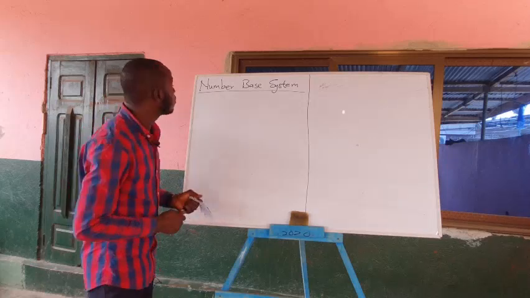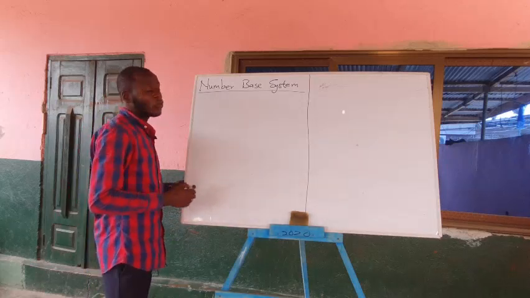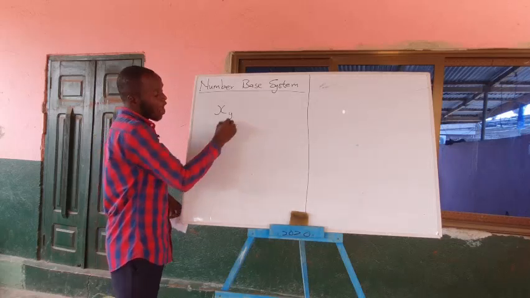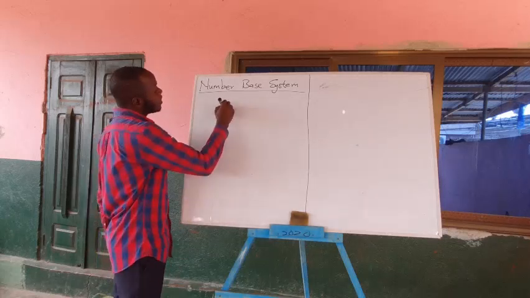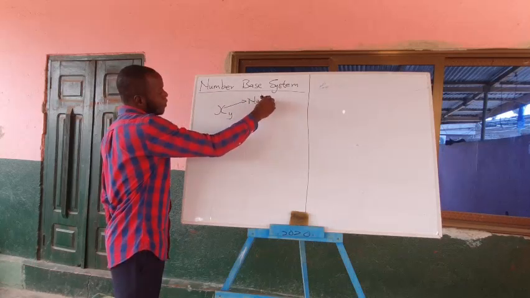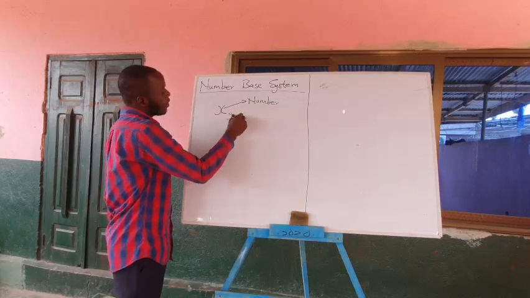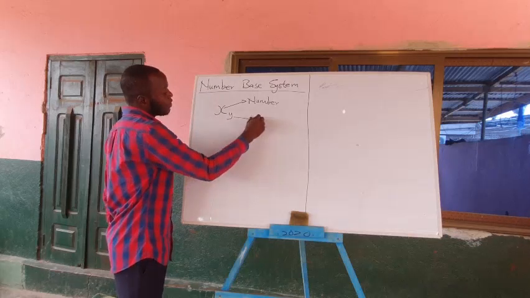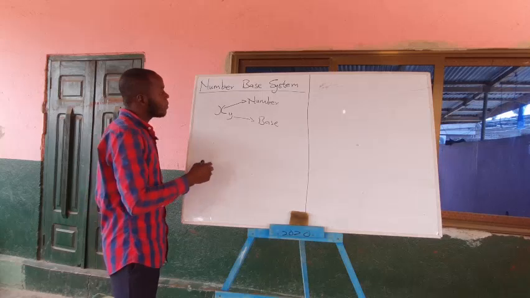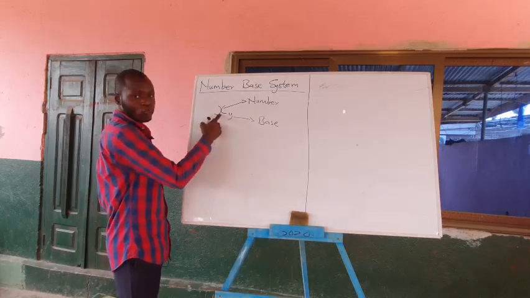So I would like to let you know the parts, or the features, of a number-based system. The first thing is, let's say we have a certain number x subscript y. The value here is the number, and the subscript y is the base. So in a number-based system, you have a certain value with a subscript.